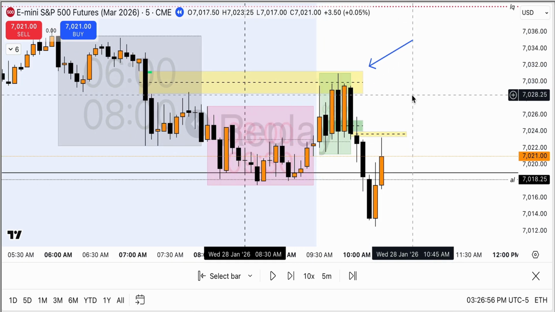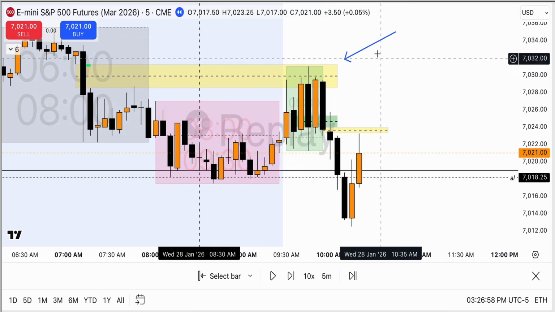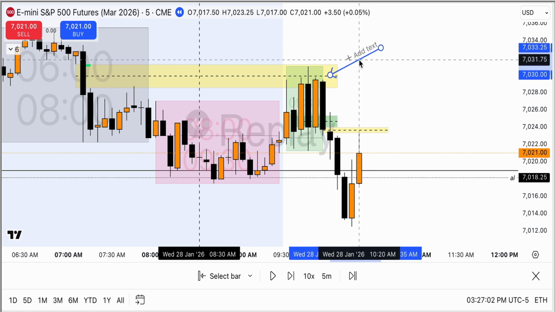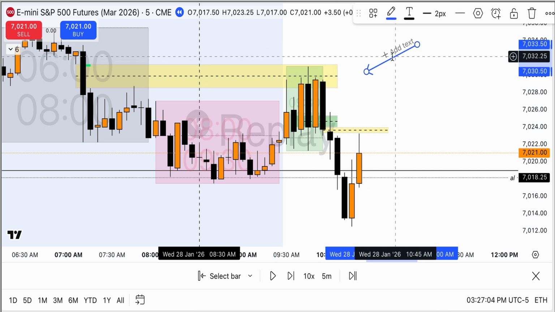I can take them off, but I like them. So this green box is the first 30 minutes. And I mentioned as part of the framework, the first stage, I need 30 to 45 minutes of time to determine direction.